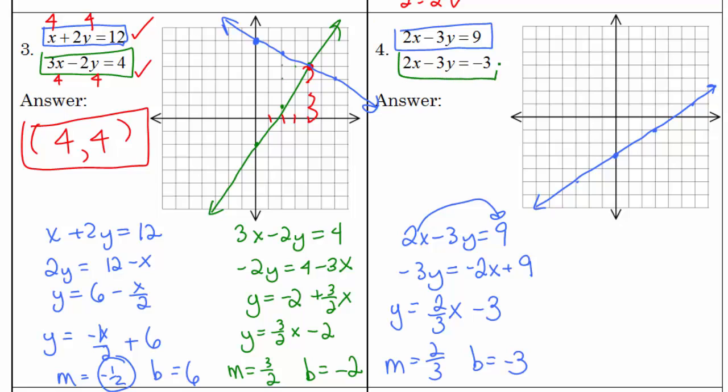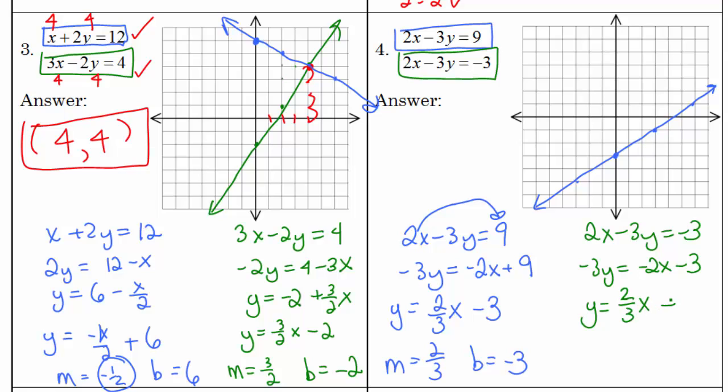Okay, now I'm going to take this next one and I'm going to move the 2x to the other side. I'm going to divide by negative 3, so that's going to be positive 2/3 x plus 1. So my slope is 2/3 and b is 1. And I should know that if I have the same slope, what's going to happen?